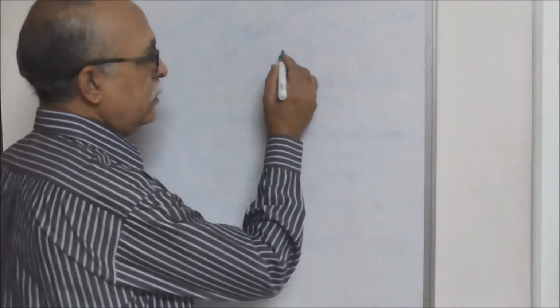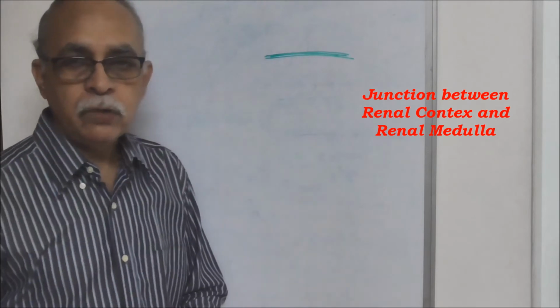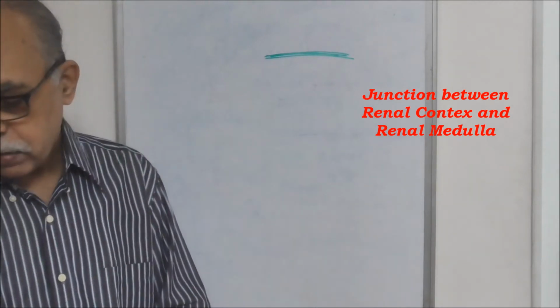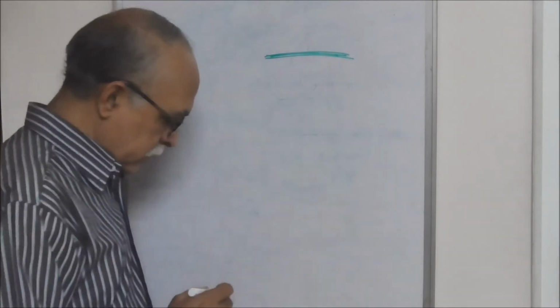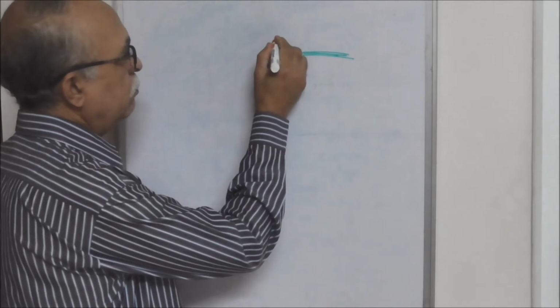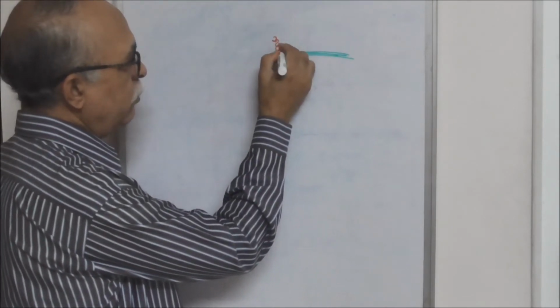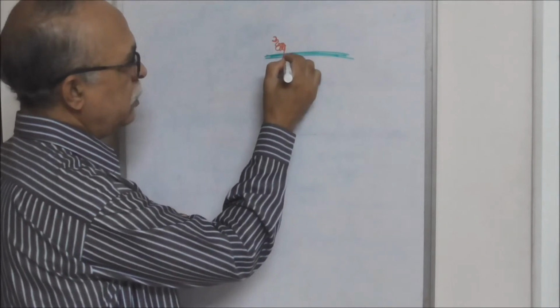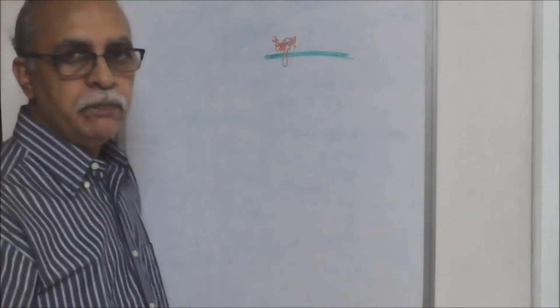So broadly, if this is the junction between cortex and medulla, there are some nephrons. Suppose this is the Bowman's capsule, this is the proximal convoluted tubule, this is the Henle's loop, this is the distal convoluted tubule and collecting duct.